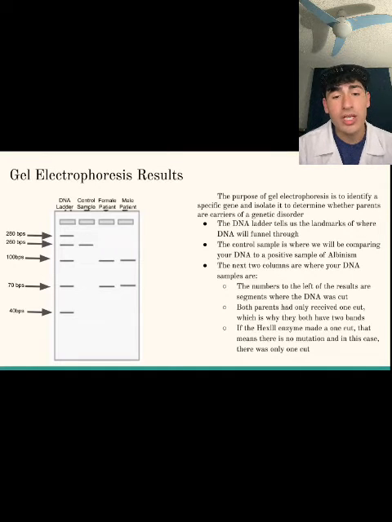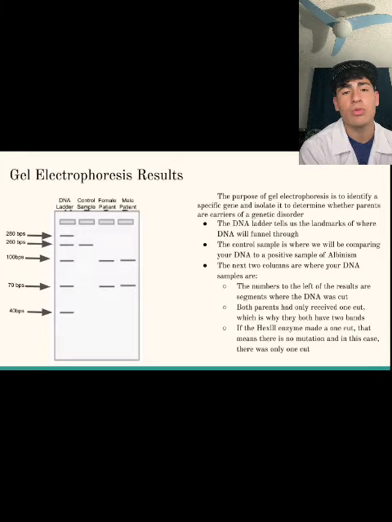And if it was cut there, that means that there was no mutation whatsoever. And both of you were cut at these specific locations, which means that neither of you have the mutation. And that will not be passed on to your kid, so he will be safe or she will be safe.